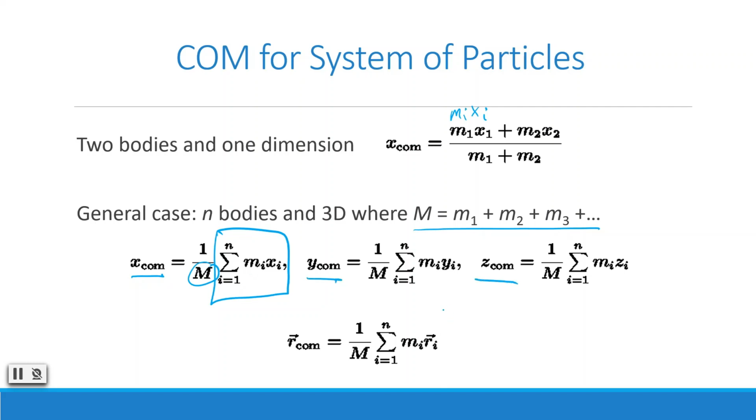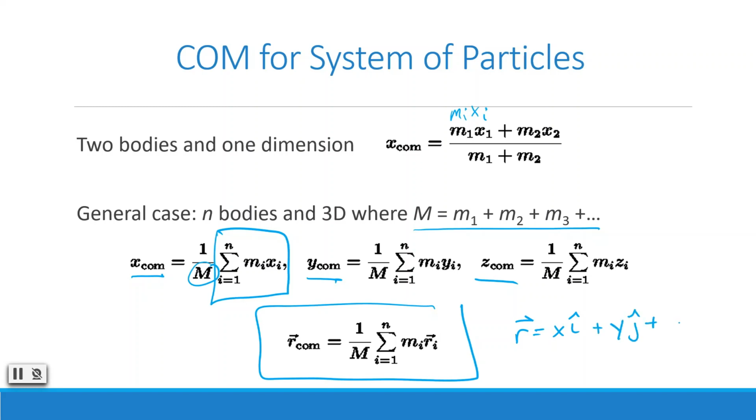And therefore, in vector format, you can represent the position in 3 dimensions of the center of mass, where remember that your position vector is xi hat plus yj hat plus z k hat. And that gives us our position in 3 dimensions. If you want to be more specific, COM is usually the abbreviation.